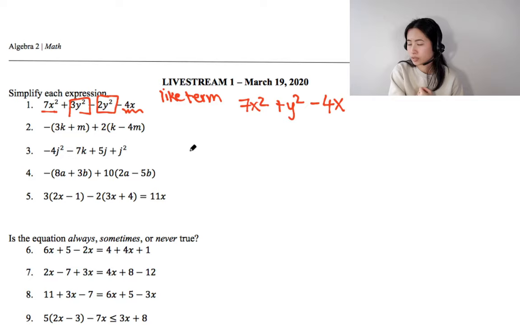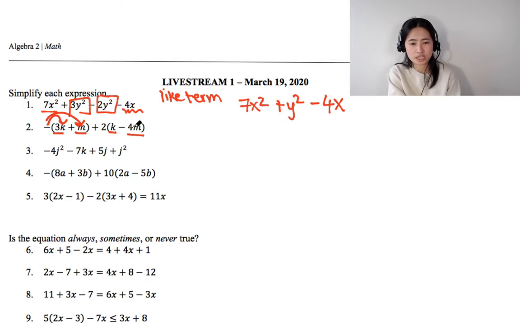Okay, so moving on to question 2. As you can see, you have terms within a parenthesis. You have a -1 here, which we typically don't write. You need to distribute this individually to each of the terms. When I say term, that means this term, this term, this term, and this term. Does that make sense?